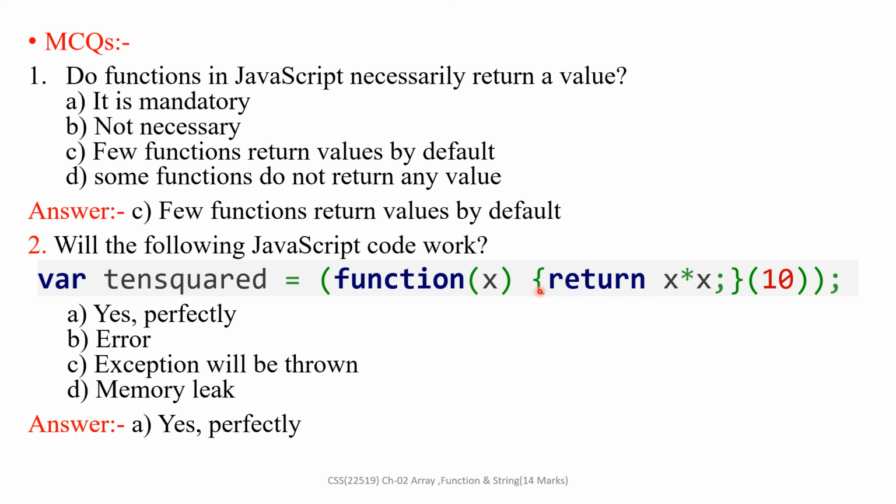Here we are defining the function as an expression, so it is defined and immediately invoked by this x. So x into x means 10 into 10, and our function name is 10 squared. So it is perfect code, it will run.